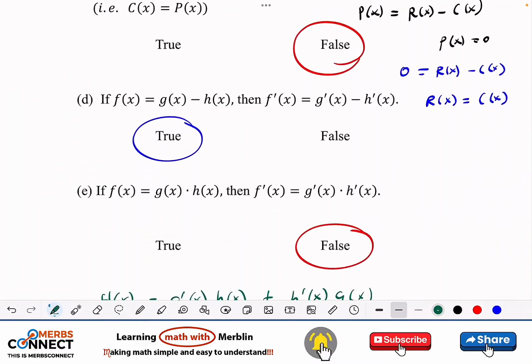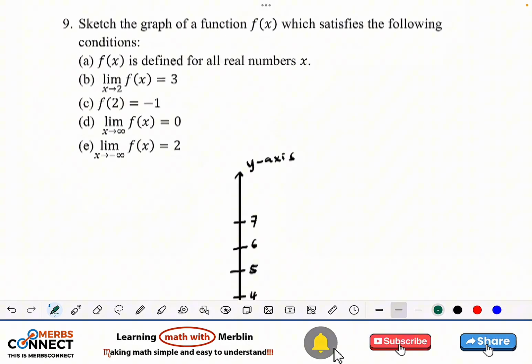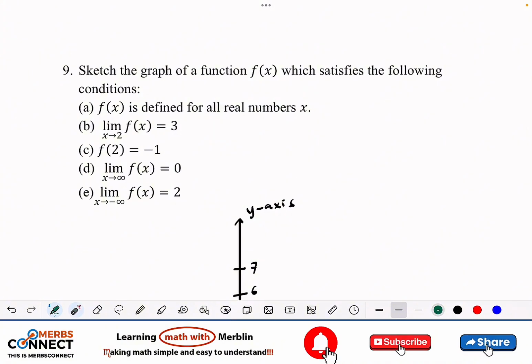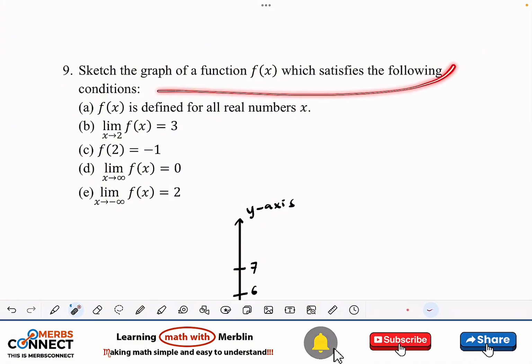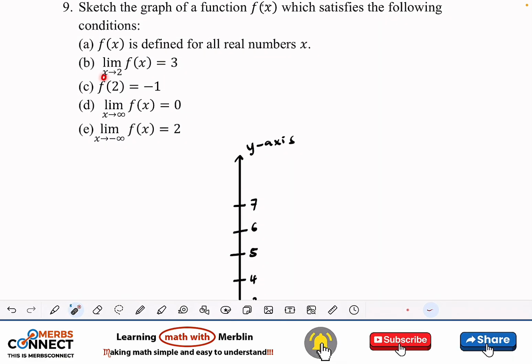Okay, so let's do the last question and we are done with this video. Now question 9, we want to sketch. Given that f of x is defined for all real numbers, then the limit as x is approaching 2 is equal to 3.